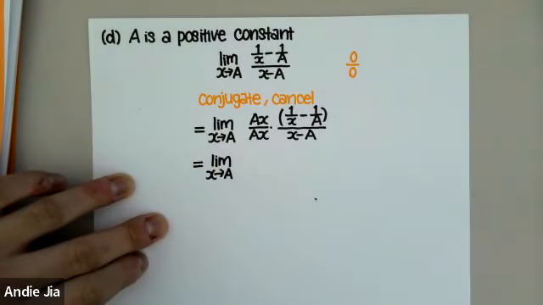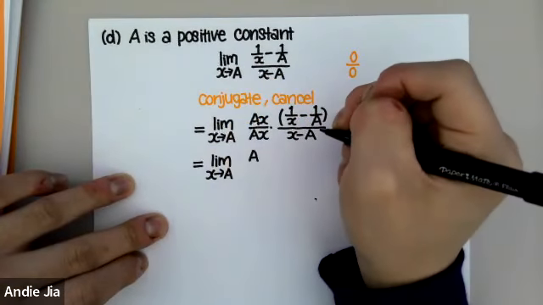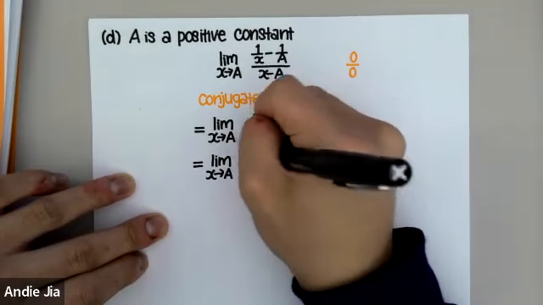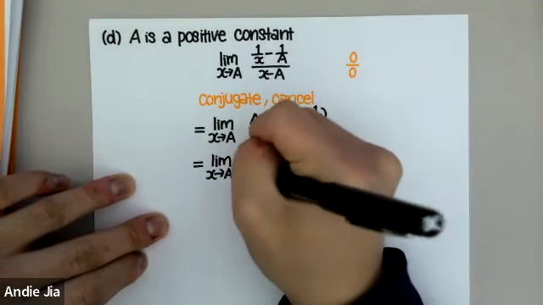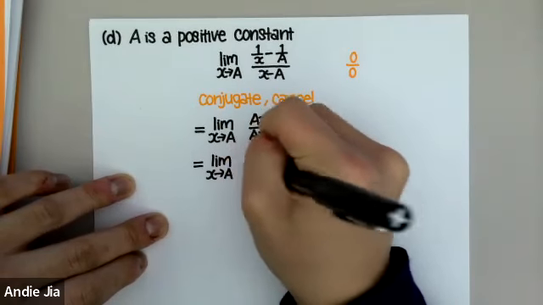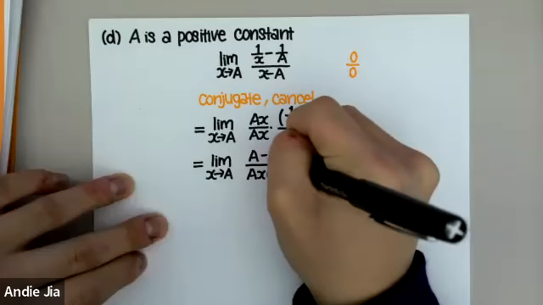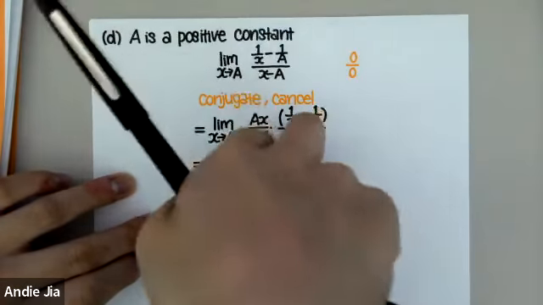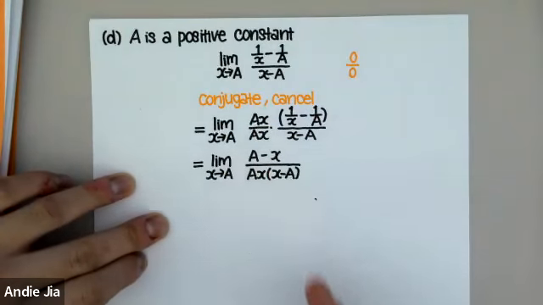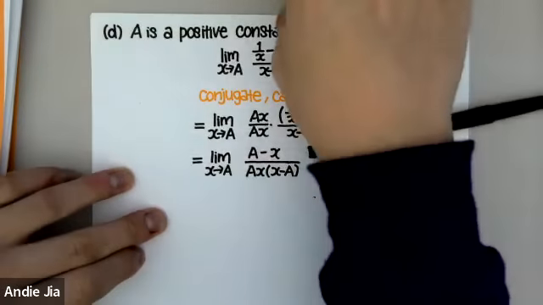Visual algebra here. We have a minus x, that's going to be ax times x minus a. Okay, this is like the negative reciprocal of this. And now we're going to do some algebra trick here.